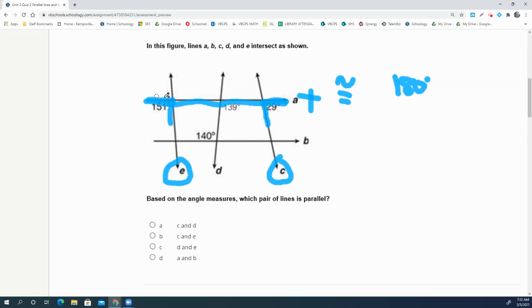The corner of A and E is where the 151 is. And the corner of A and C is where the 29 is. So if A is the transversal that connects them, then E and C are going to be parallel. Okay, so you want to find the angles that are either congruent or supplementary, mark them, figure out what connects them, that's the transversal, and then the cross streets are the parallel lines. So the answer should be C and E.